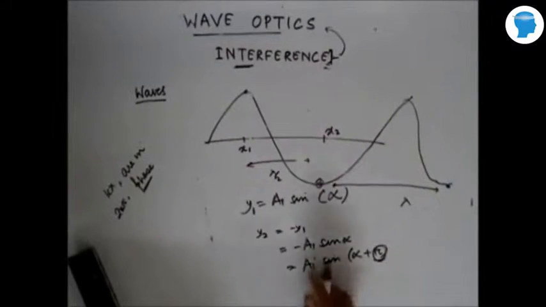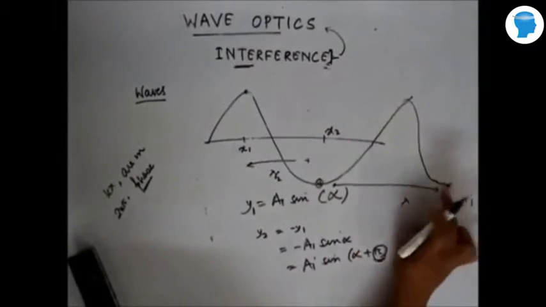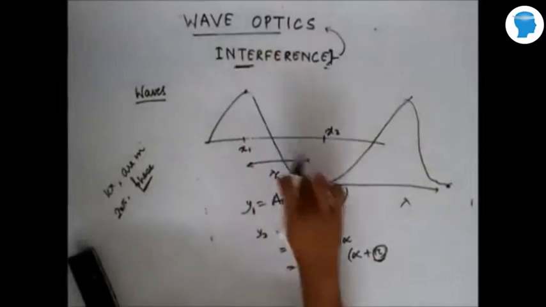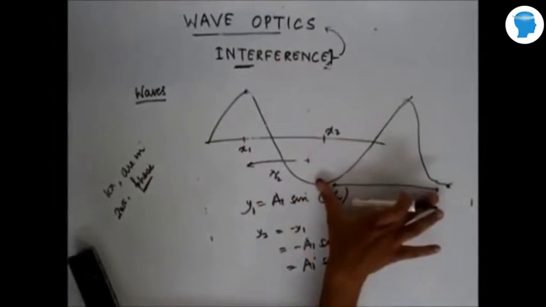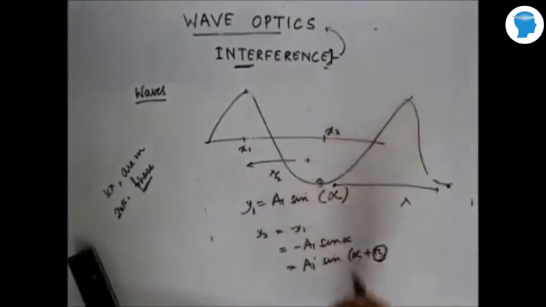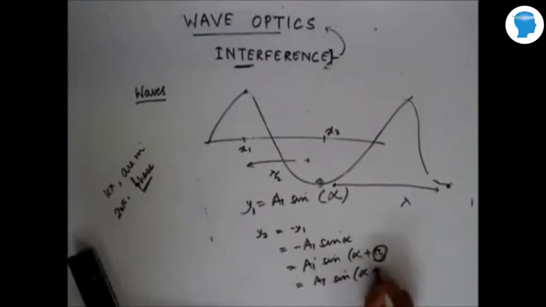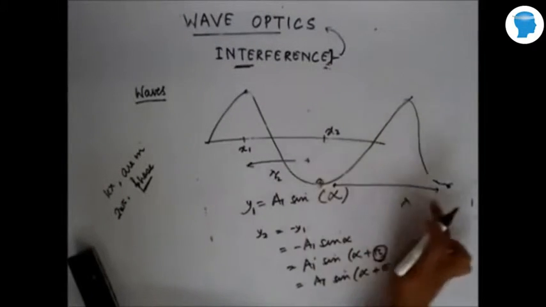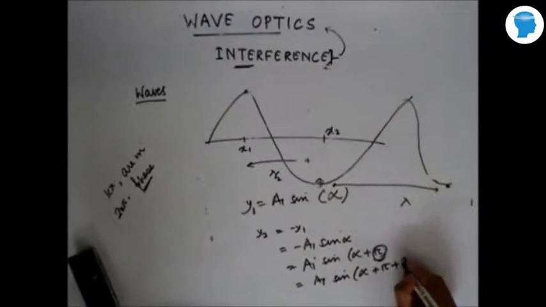So I can also write that these and these are out of phase. So I can write this as a1 sine of pi plus, again a distance of lambda means adding 2 pi.